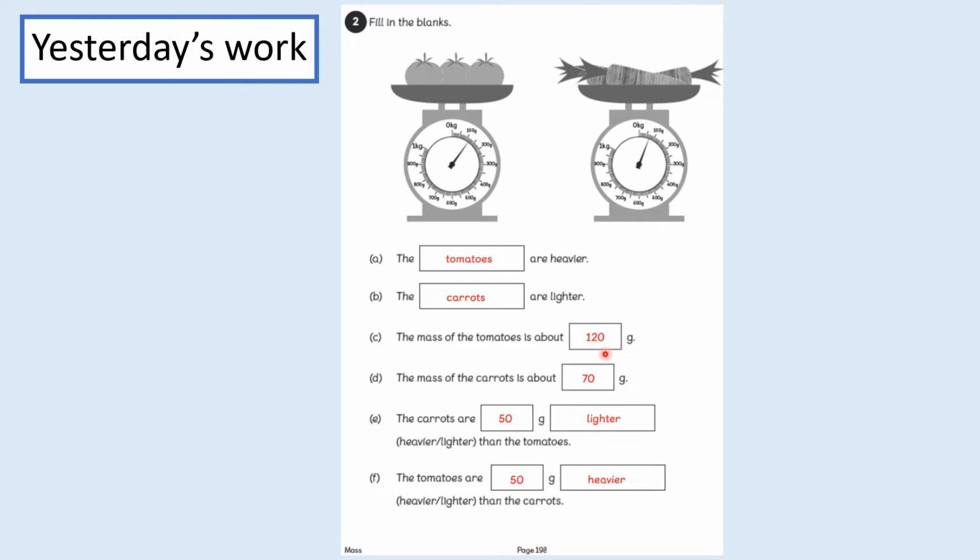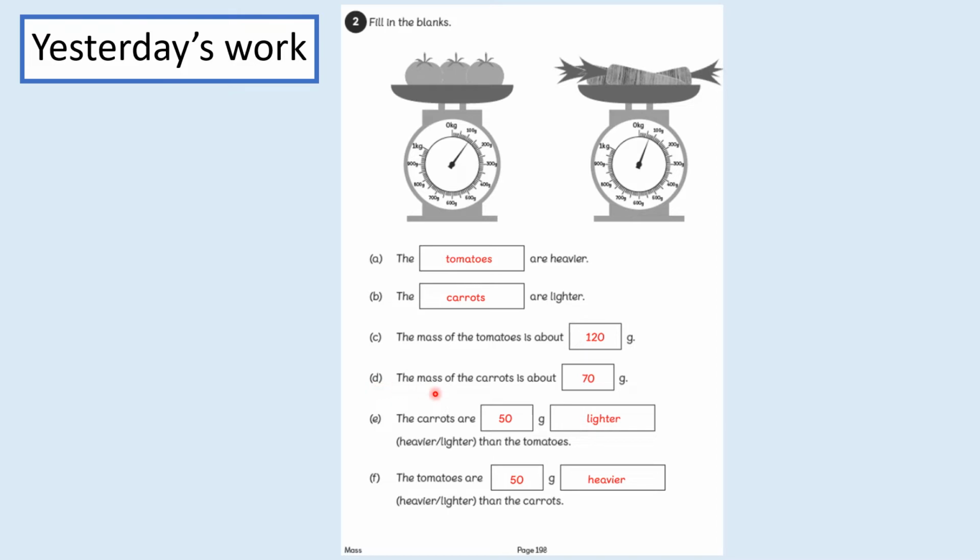If you have written 110, 120 or 130 grams, give yourself a tick. Hopefully we spotted that those smaller marks are worth 10. So each line is 10. So 100, add 10 is 110, add another 10 is 120.